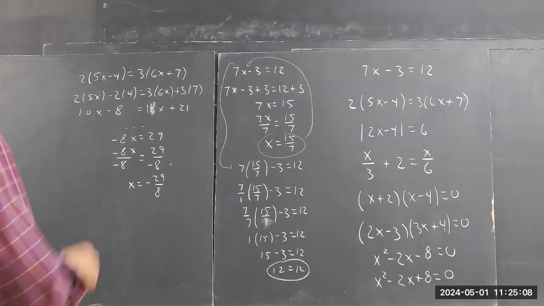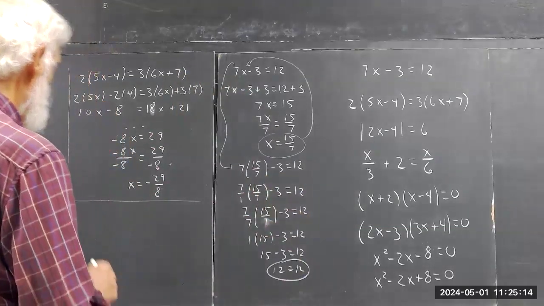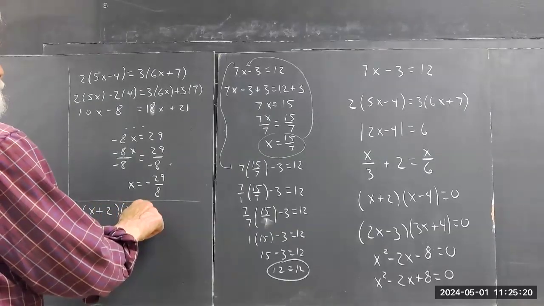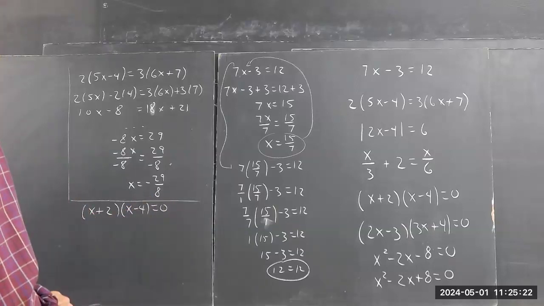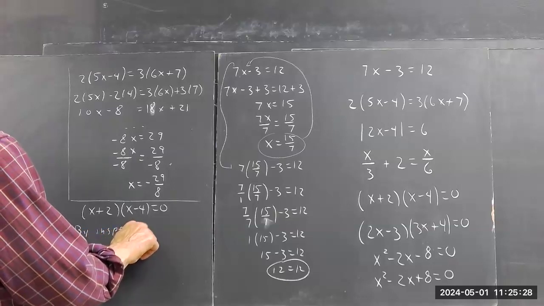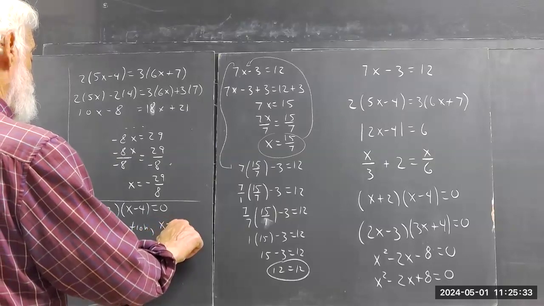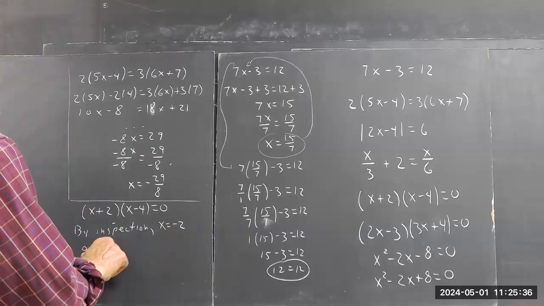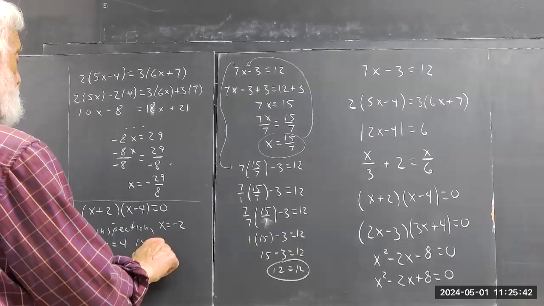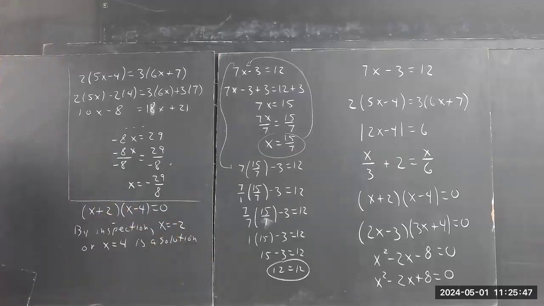I'm going to skip down. The most obvious of the remaining problems would have x plus 2 times x minus 4 equals 0. By inspection, x equals -2 or x equals 4 is a solution.